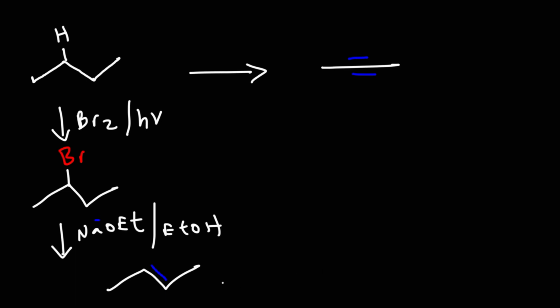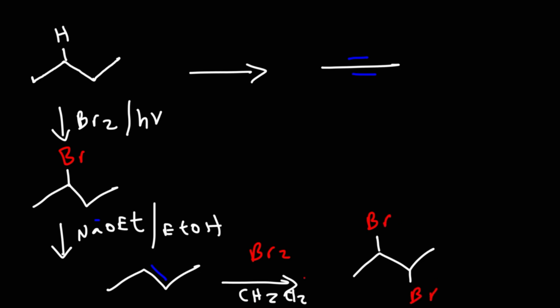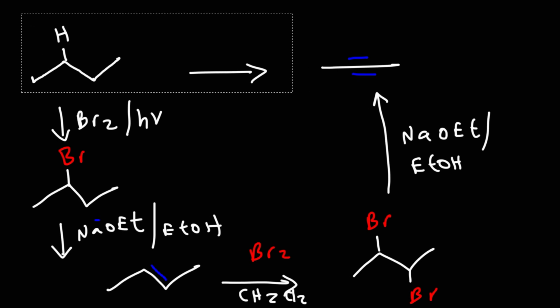So once we have 2-butene, we could then react it with Br2 and dichloromethane. So we're going to get an alkane with 2 bromine atoms added to it. So now at this point, we could use a strong base. We could use sodium ethoxide again in ethanol. But this time we need 2 equivalents. So just so you can see how this is going to work.